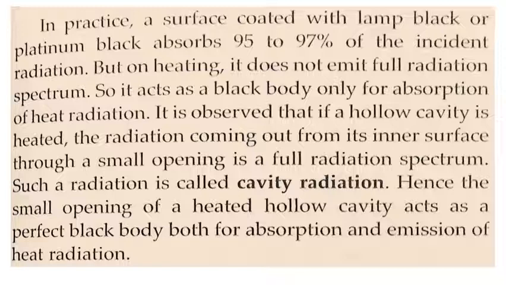It is also observed that if a hollow cavity is heated, the radiation coming out from its inner surface through a small opening is a full radiation spectrum and is known as cavity radiation. Hence, the small opening of a heated hollow cavity acts as a perfectly black body for both absorption and emission of heat radiations.